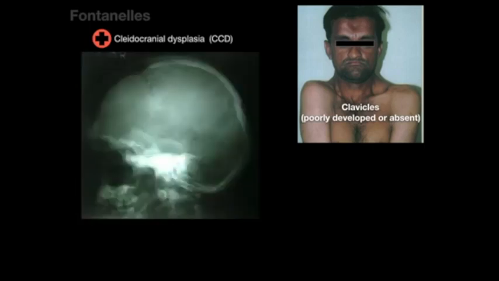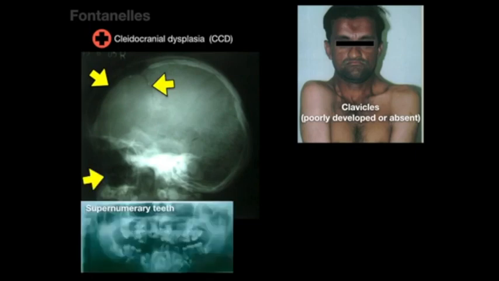And cranial, because in this lateral X-ray, you can see that big black space, that anterior fontanelle never came together, never fused. And you have these open sutures as shown there, as well as maxillary sinuses that didn't develop properly. In addition, they have supernumerary teeth, especially the deciduous teeth, but not so much the adult teeth. There are a number of other conditions in nerves and bones throughout the body that are problematic with CCD.